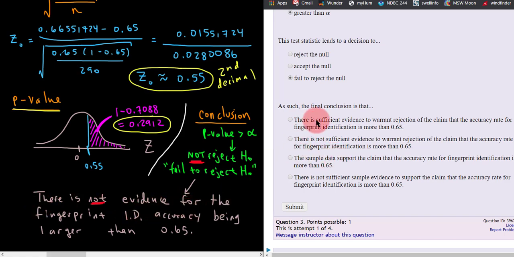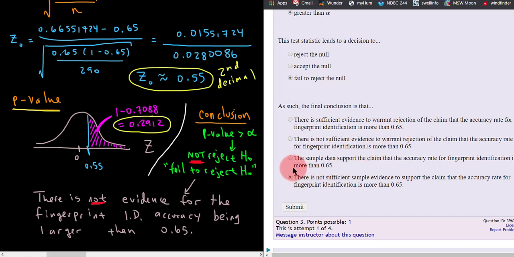There is evidence to warrant the rejection. No, we're not rejecting. This one says there is not evidence to warrant the rejection that the accuracy rate is more than 0.65. We are not rejecting. That's not quite right either.